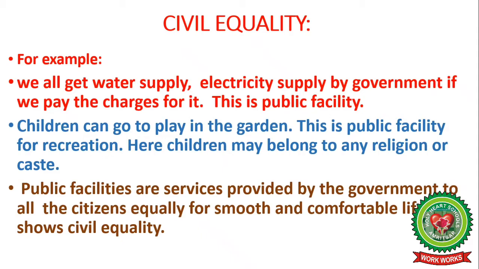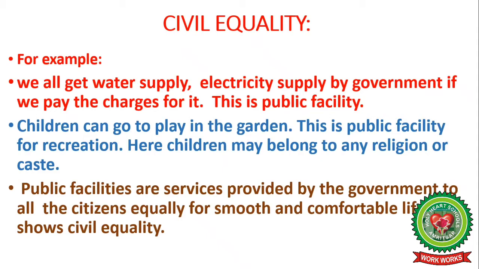Now, children can go to play in the garden. This is a public facility for recreation. Here, children may belong to any religion or caste. So, what is a public facility? Public facilities are services provided by the government to all the citizens equally for smooth and comfortable life. It shows the civil equality.